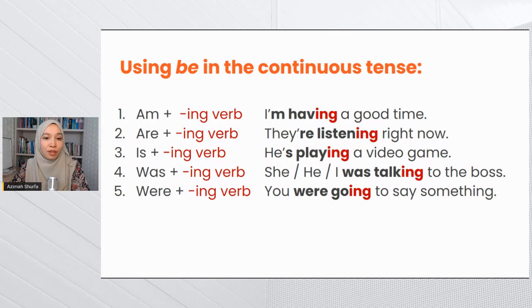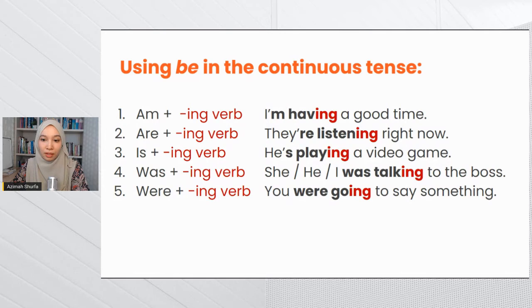Was plus ing verb. So it could be she or he or I was talking to the boss. So this is the past tense, continuous form. Okay. Were plus ing verb. You were going to say something. So this is how we use the be in the continuous tense.